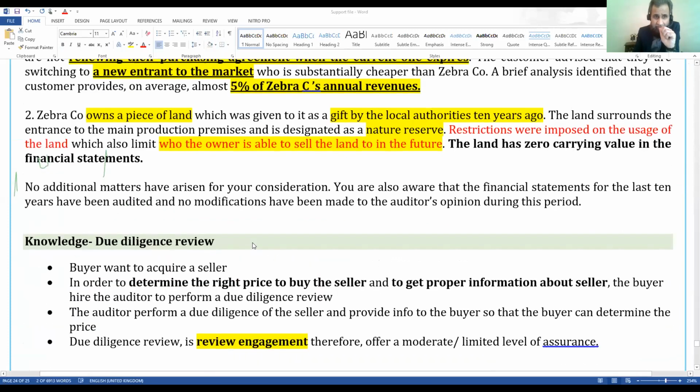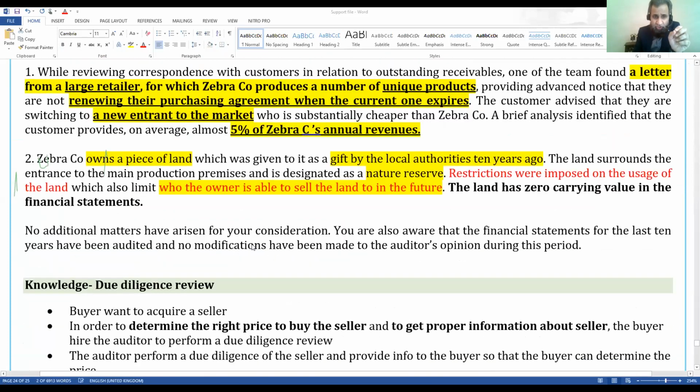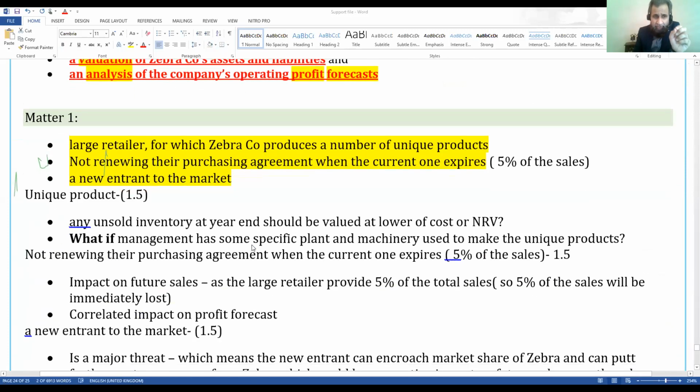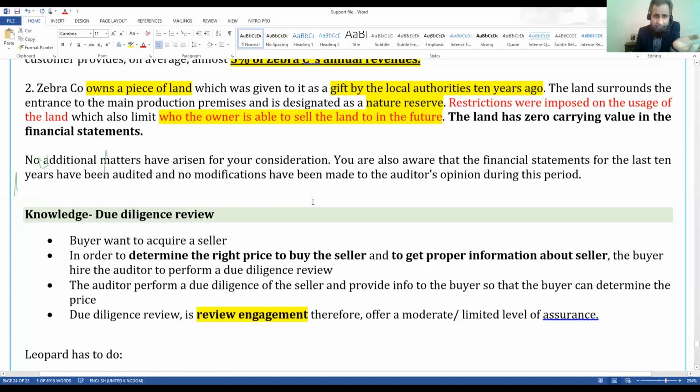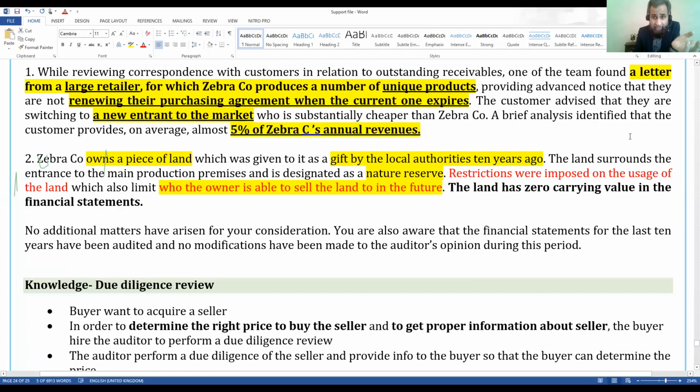Okay, procedures. Procedures for method number 1. Now tell me, for method number 1, what procedures will I be performing? We have a unique product. They are not renewing their purchasing agreement because you read a letter from them. So you found a letter.